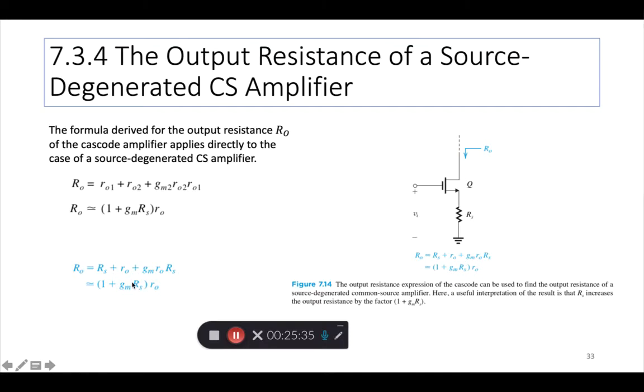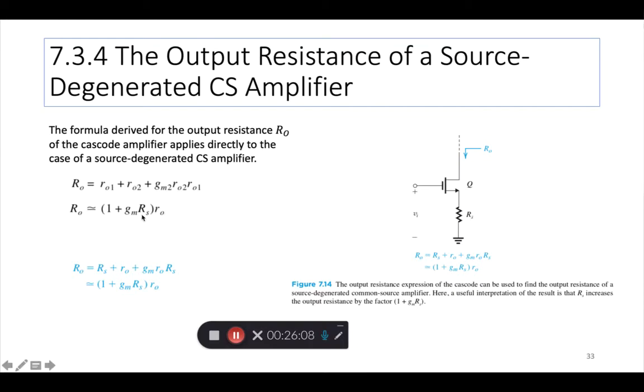And similarly, for a source degenerated CS amplifier, which is a CS amplifier with a resistance RS in the source circuit, for such a simple circuit, no cascoding, the formula for the output resistance is the same. Okay, so that's the big point he's making here.